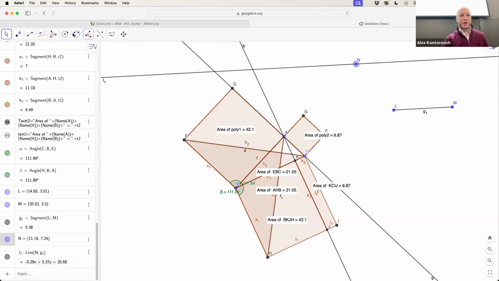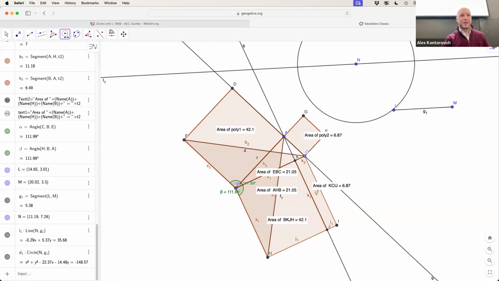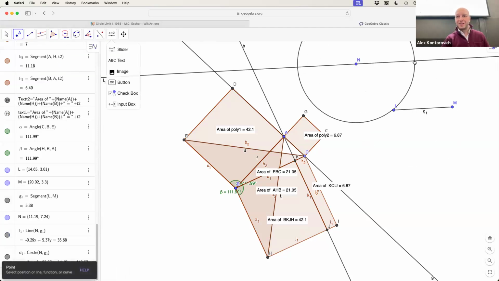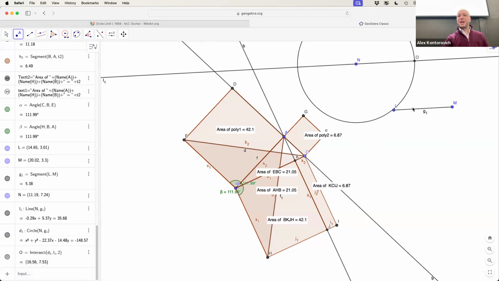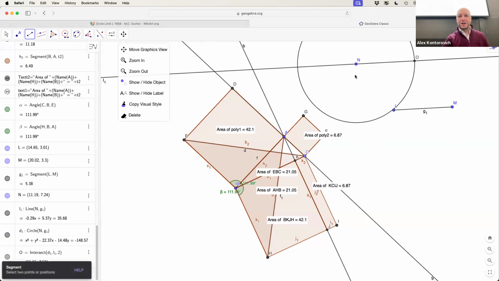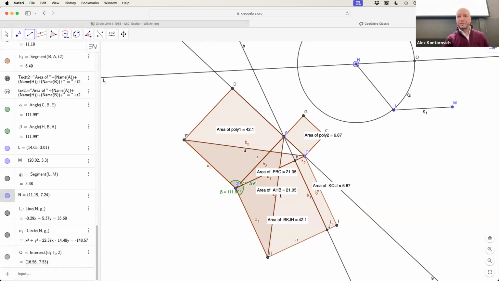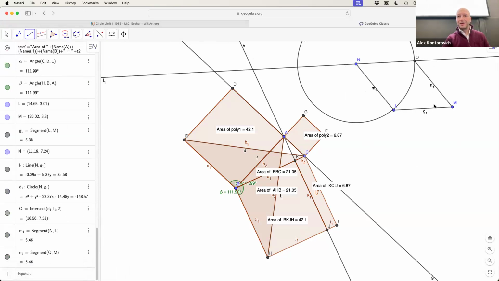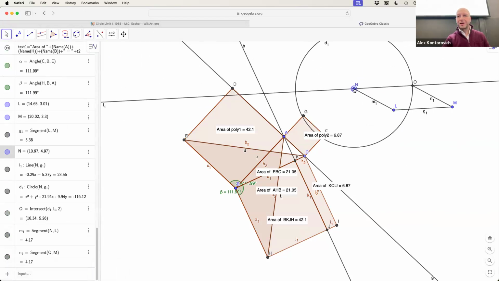Let me just move N to some random point. I'll take a compass that takes a segment and then a point. Now I've moved this distance; this radius is the same as the distance L to M. So if I draw these other lines in, I get a parallelogram. Totally random parallelogram, it doesn't have to do with anything else that's going on. There we go, that's a parallelogram.